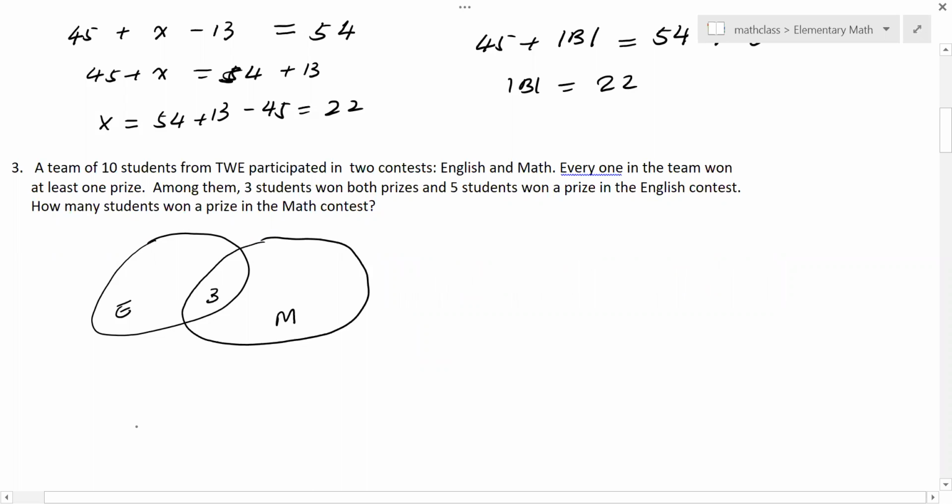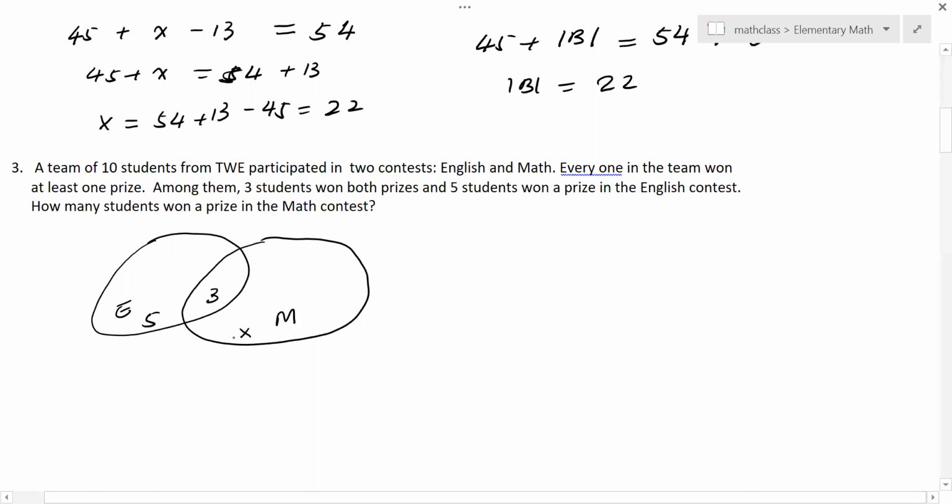And 5 students won a prize in the English contest, 5. And we don't know how many students won the math contest, right? So how do you calculate? Suppose you're not told the number of students who participated in both contests.